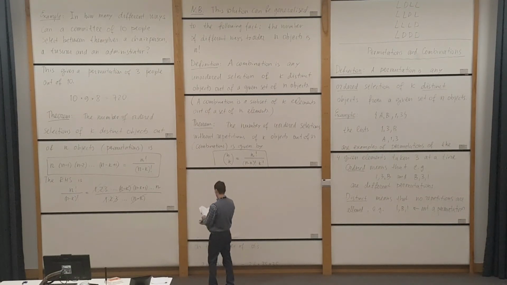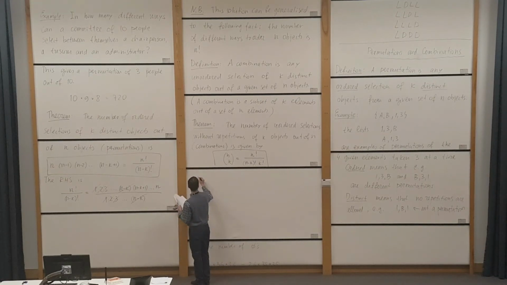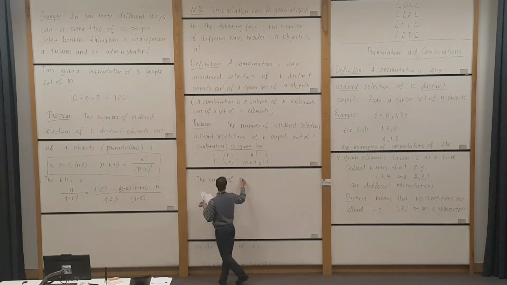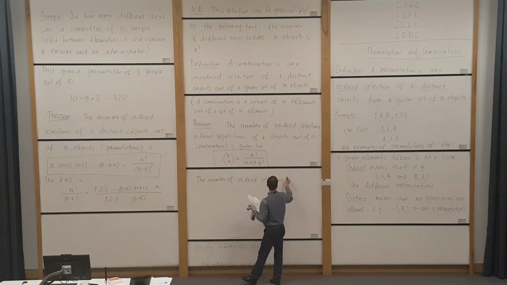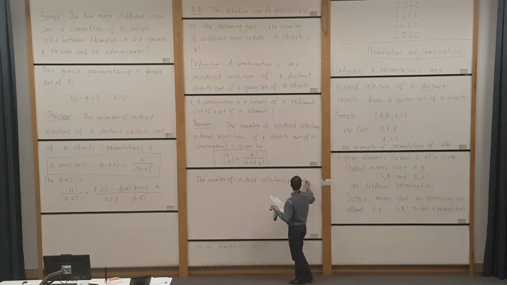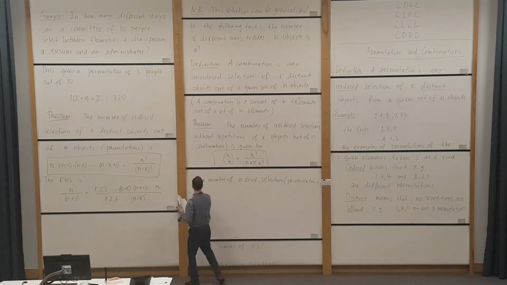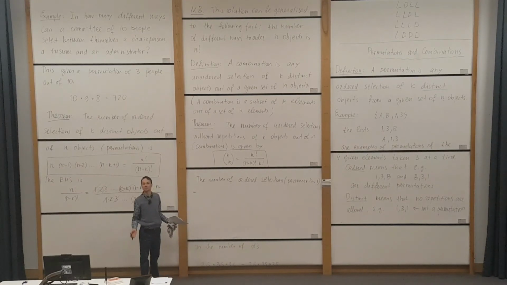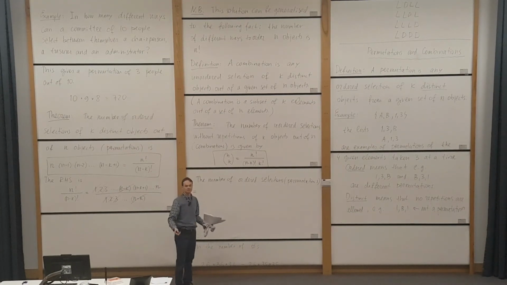So the number of ordered selections, or permutations, must equal the number of combinations times the number of different orders, because in this two-stage process you do each thing independently.